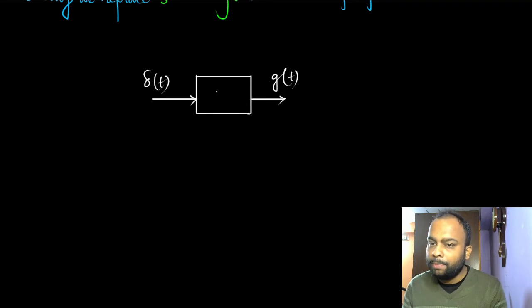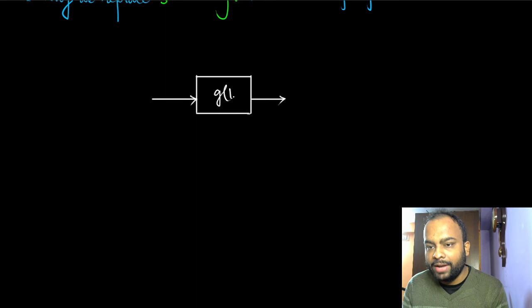Now, we have already previously derived that the impulse response for an LTI system, a linear time invariant system, pretty much describes everything about the system, more or less, right? In fact, we often define an LTI system in terms of its impulse response. So if I know the impulse response of an LTI system, we actually know everything about the system, right?